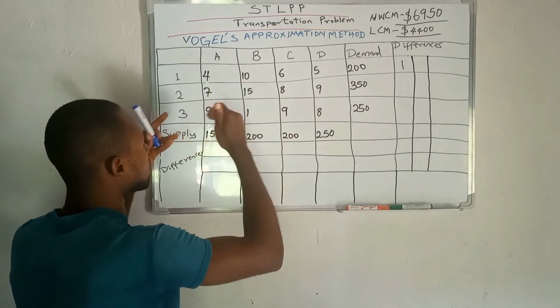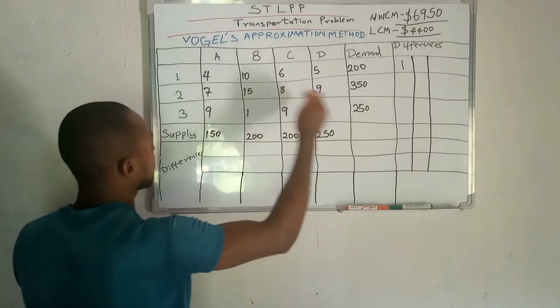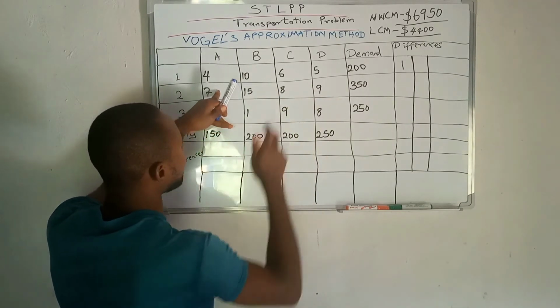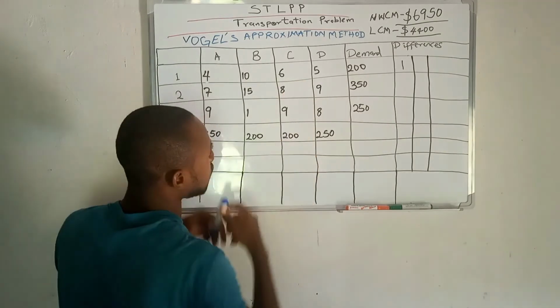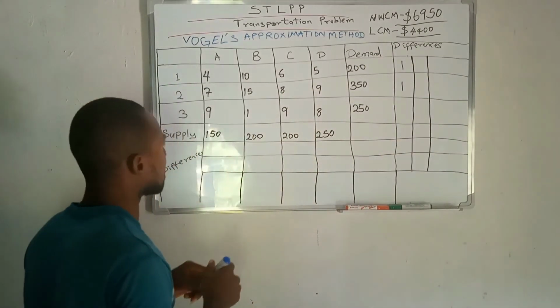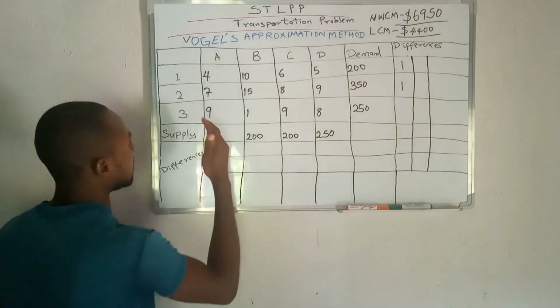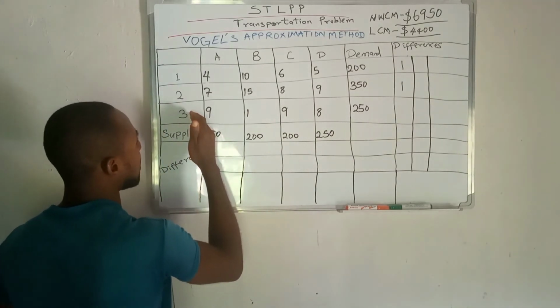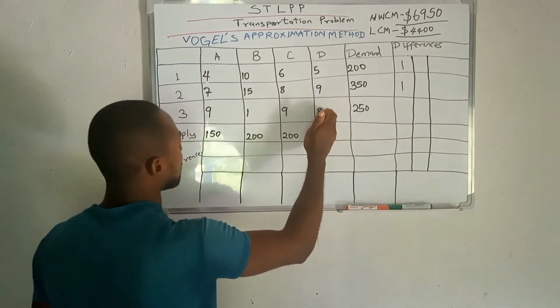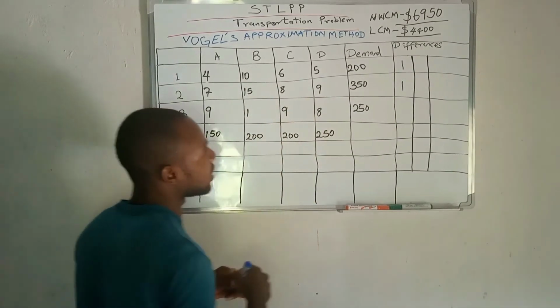The two smallest costs in the second row are 7 and 8, and we subtract them to have 1. In the third row we have 1 and 8. So 8 minus 1 will give us 7.